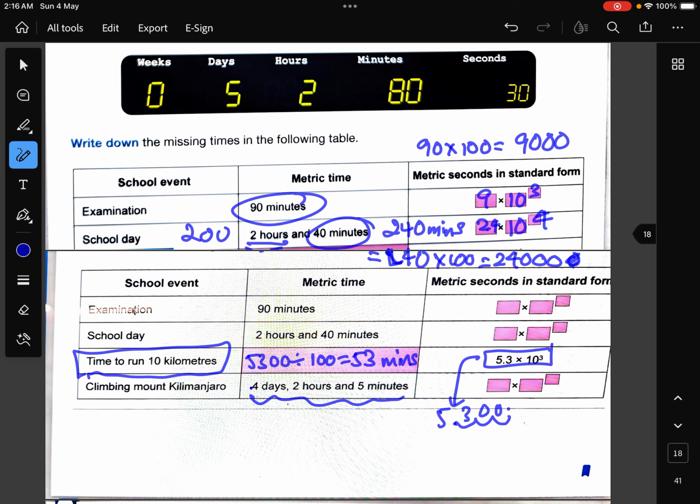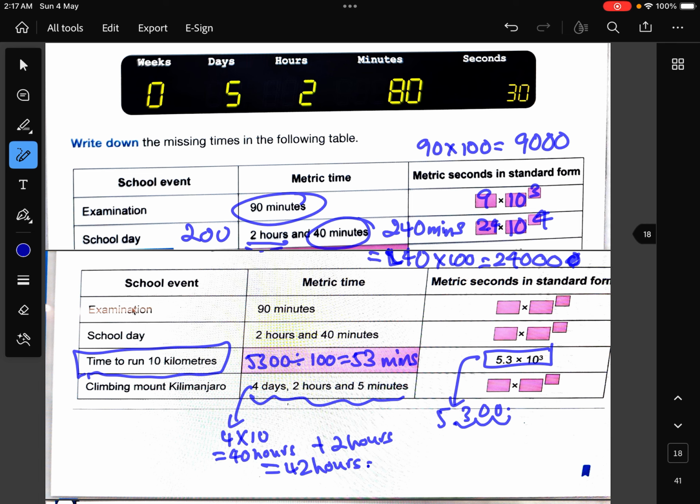So 4 days is the equivalence of 4 times 10 hours, which is 40 hours. Then we have 2 hours here, and so if we add 40 hours to 2 hours, we're gonna get 42 hours here.